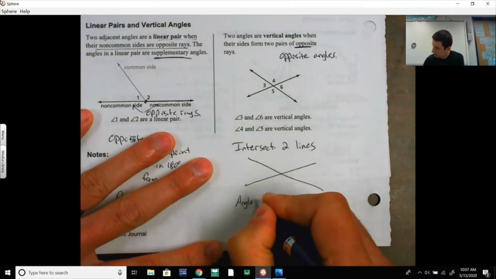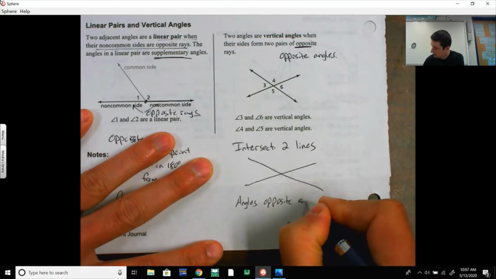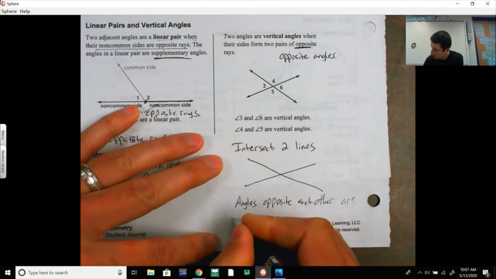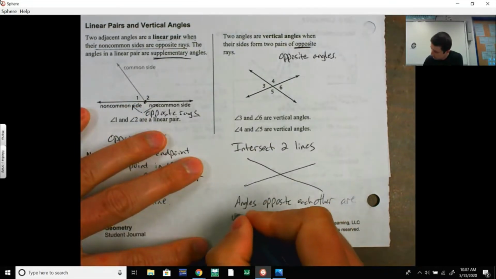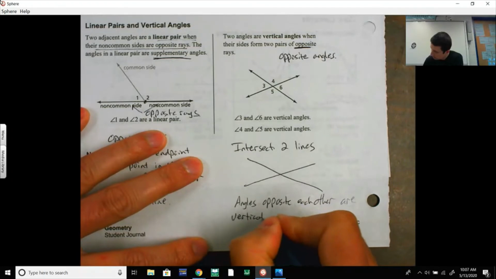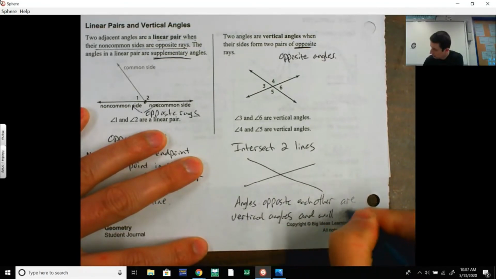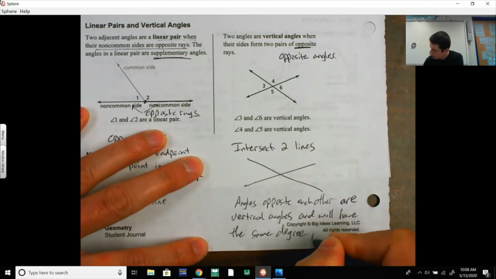Now, angles opposite each other, those are what they call the vertical angles, and they will have the same degree measurement.